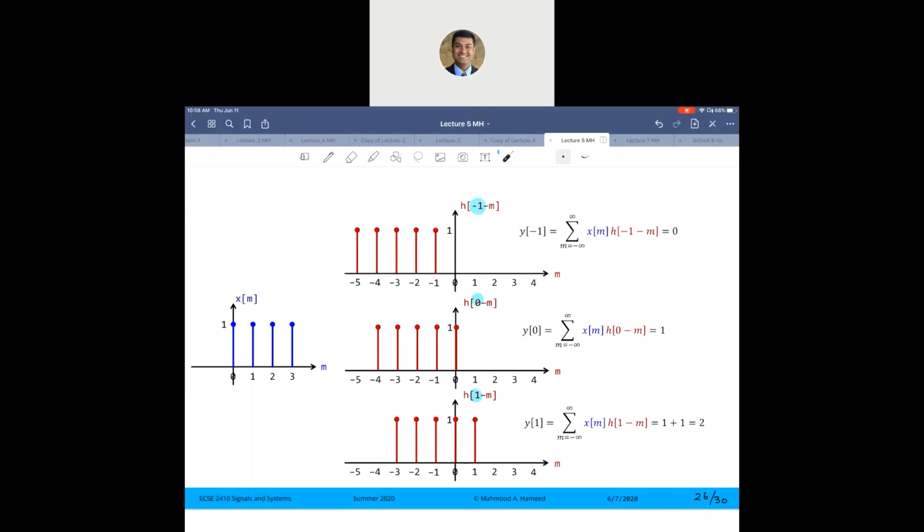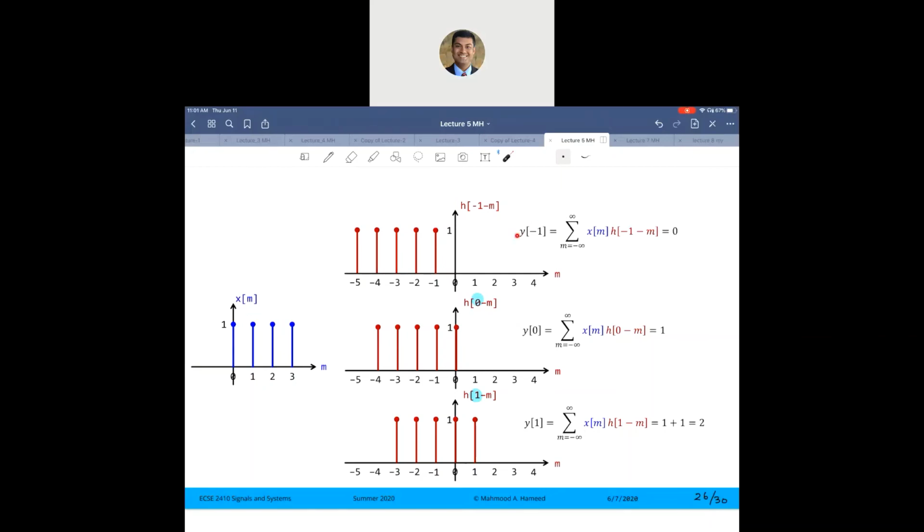Y of -1: n is -1, so you are doing h of -1 minus m being multiplied with x of m, and once after you multiply, there are going to be a lot of elements in which you are not going to have any overlap between h of n minus m and x of m.